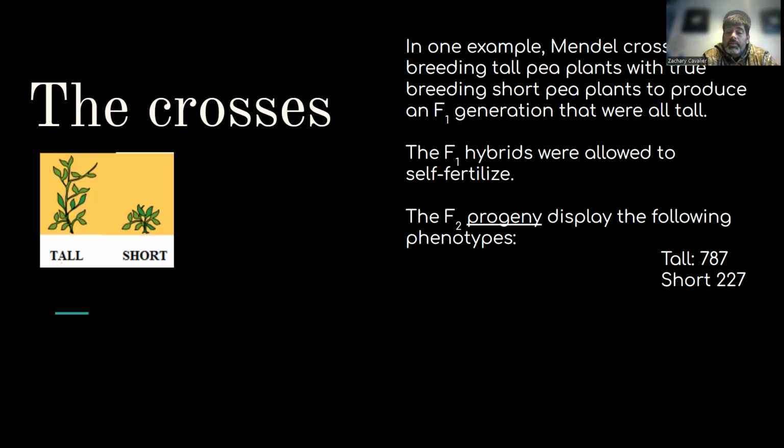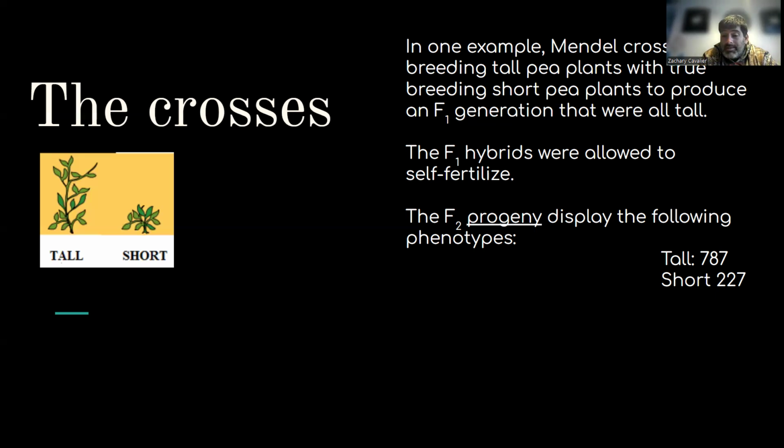In the offspring of that second cross, he observed the following outcomes. He observed that roughly 800 of the plants were tall, and roughly 200 of the plants were short. Okay, 787 and 227.